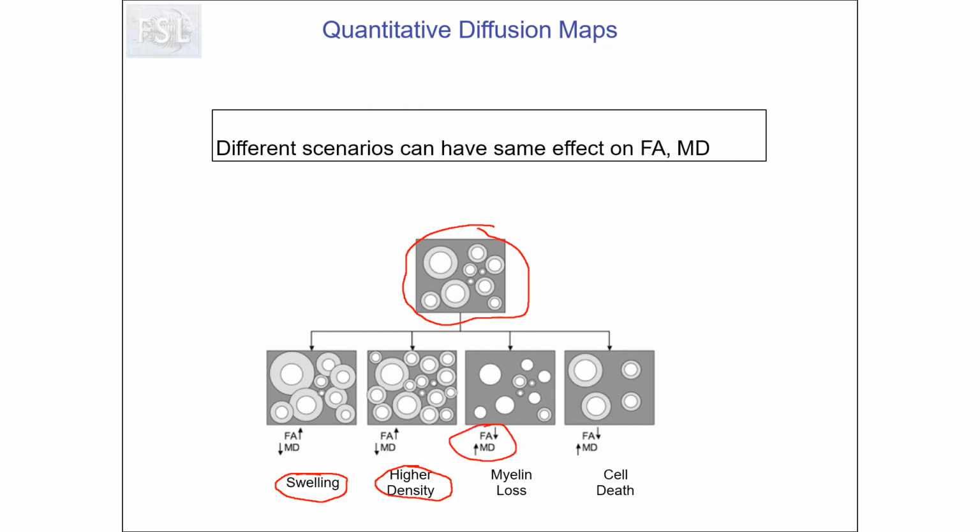Or we have nicely myelinated axons, but we've lost some of the cells, we've lost some of the axons, and so the metrics could look the same. So just because we have higher FA in one group or over time, or lower FA in one group or over time, doesn't mean we know what's causing it.